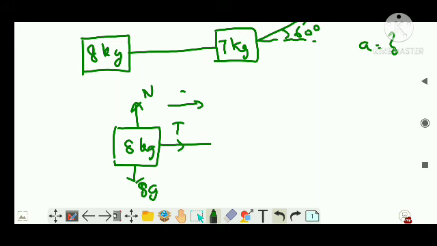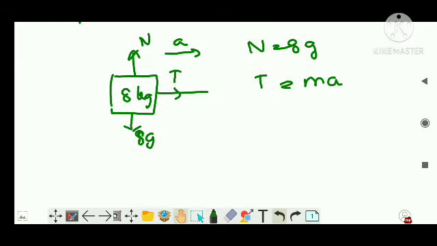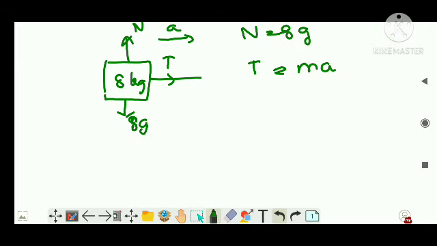And there is an acceleration in this direction. So for vertical force I can write N is equal to 8g, and in the horizontal direction, T is in the same direction as acceleration, so T is equal to ma. Similarly we can do it for block 2 also.